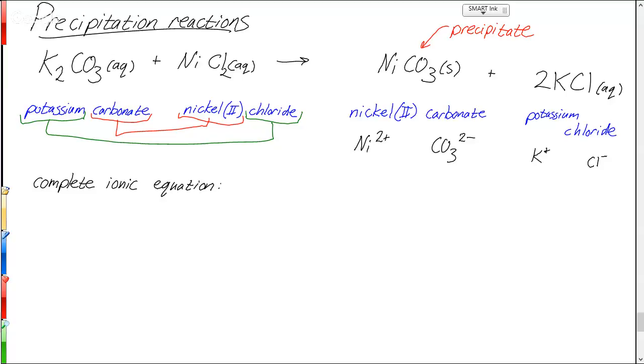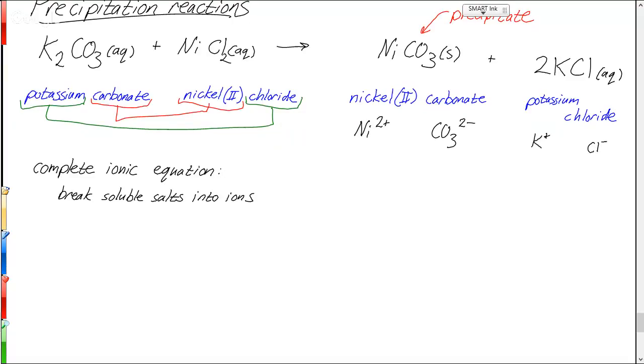The complete ionic equation is when we break all of the ionic solids up into their constituent ions. And this gives us a better picture of what it really looks like in solution.